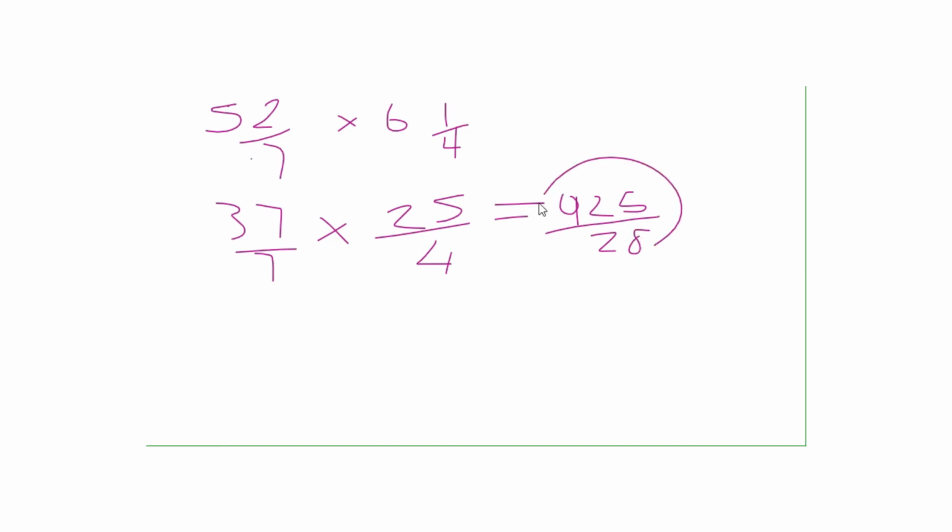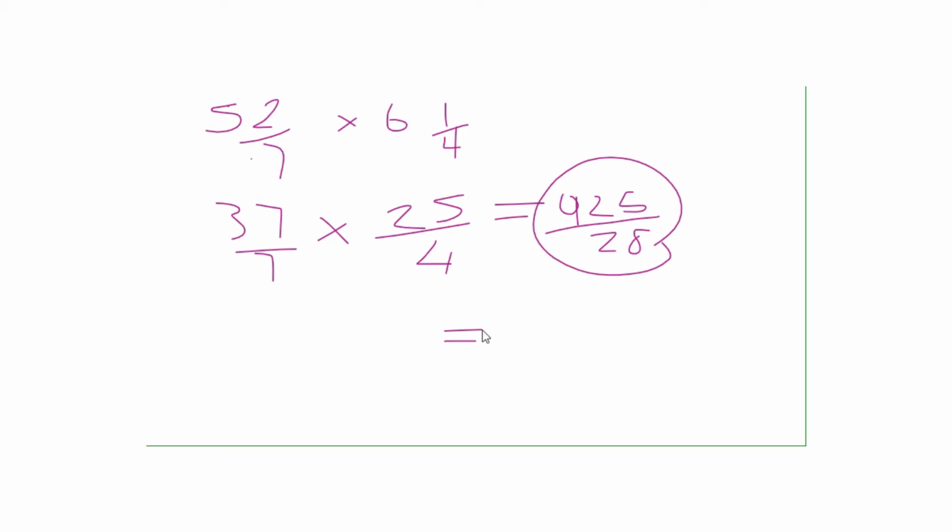So we'll simplify this now by dividing 925 by 28. You need to see how many times 28 can go into 925. And we'll have to record the remainder as the fraction.